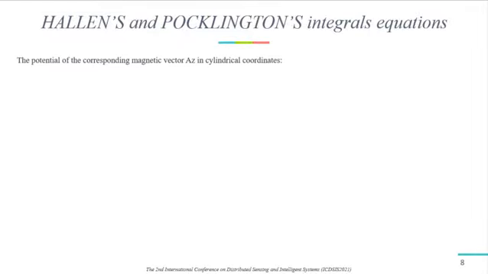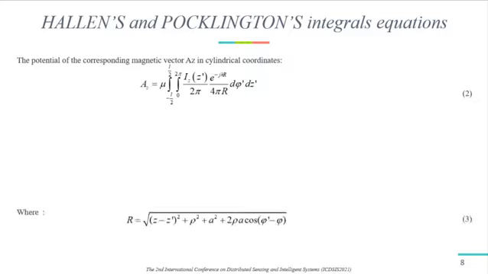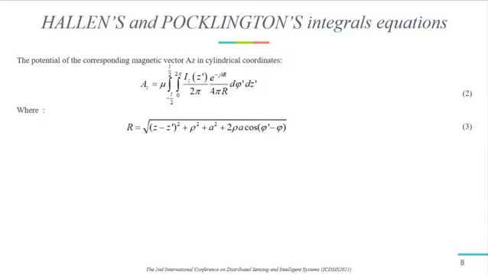Where there is no dependence on the angle phi, we can write the magnetic vector potential in cylindrical coordinates by the expression presented in equation 2, where R is presented in equation 3, and if we assume that the radius a is very small compared to the length L, we obtain R equal to the square root of (z minus z prime) squared plus a squared.